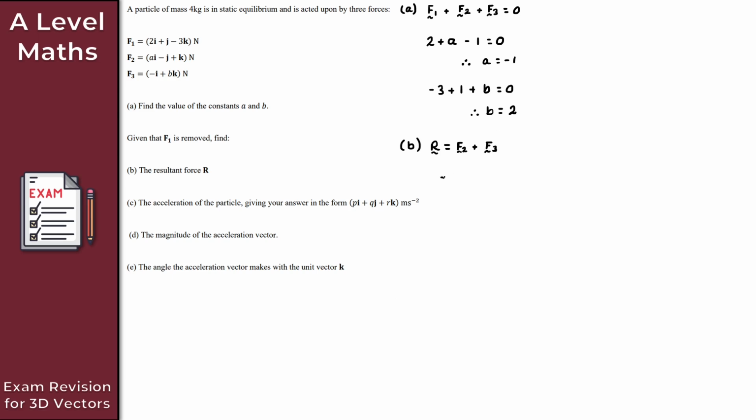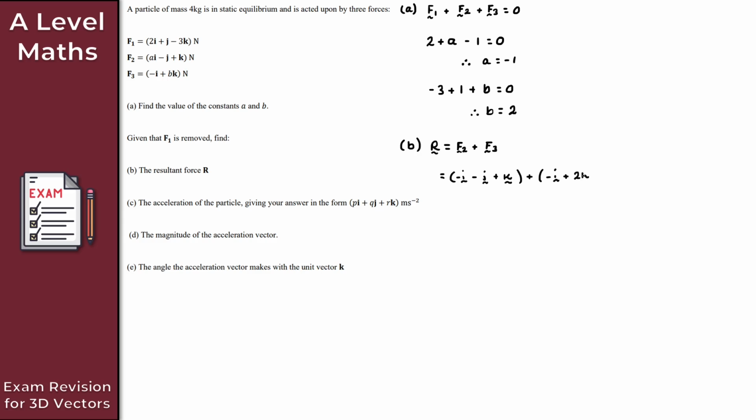So in that case then, F2 here is AI, where A is minus 1. We get minus I minus J plus K plus F3, where F3 then is minus I plus BK, where B is equal to 2. So you get minus I plus BK, where B is 2, so plus 2K there.